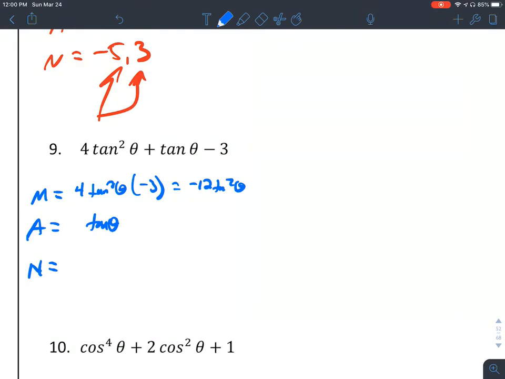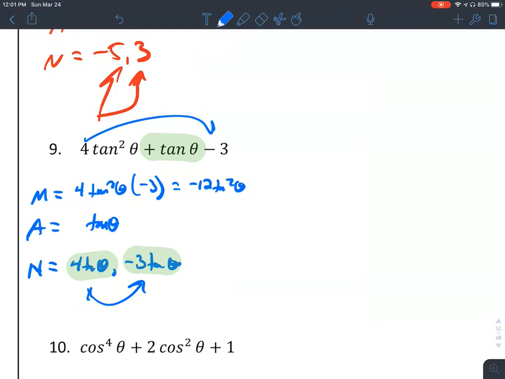Well, I think you'll find those two things would be 4 times tangent of theta and a negative 3 tangent of theta. If you add those together, you get 1 tangent of theta. That's what the middle term is. If you multiply those two things together, you get negative 12 tangent squared of theta, which is the product of the first term and the third term.